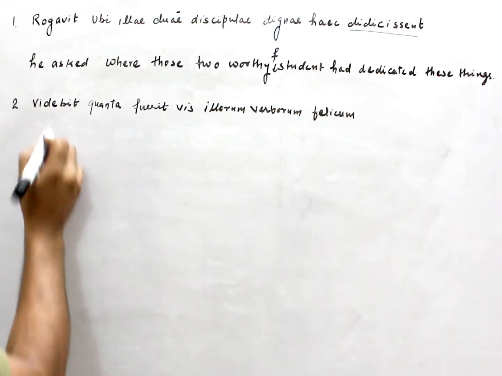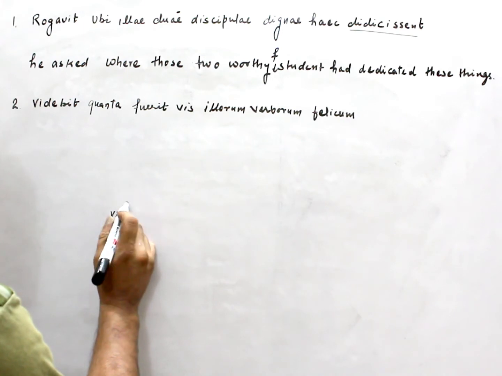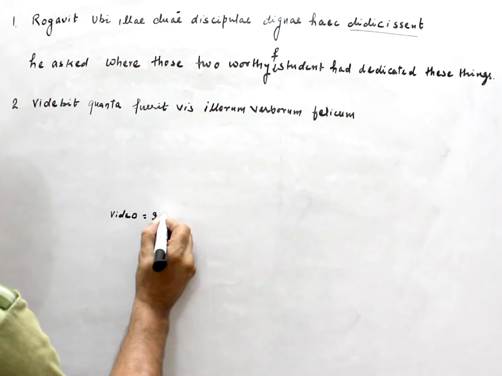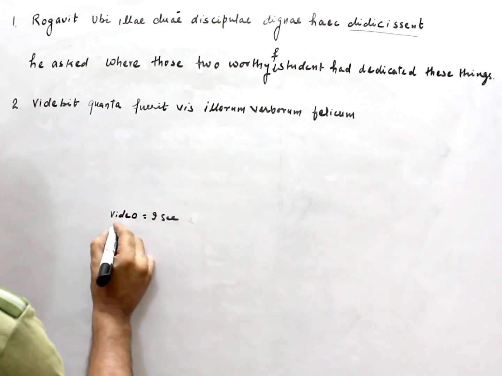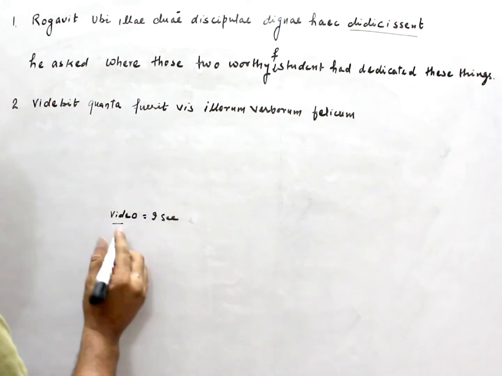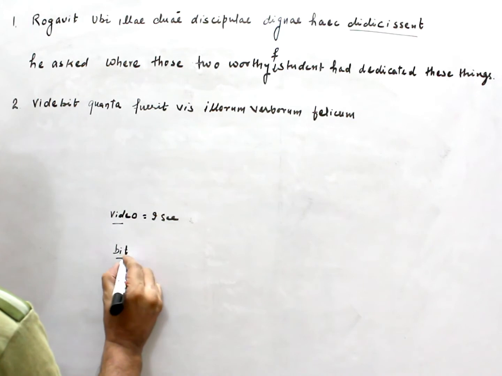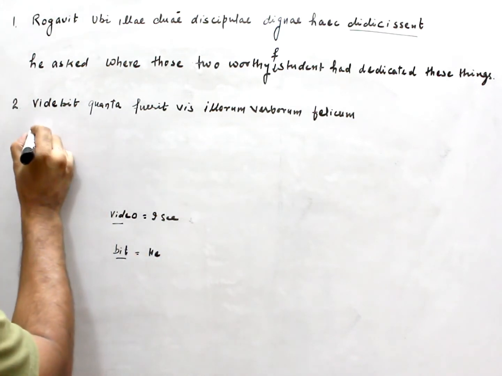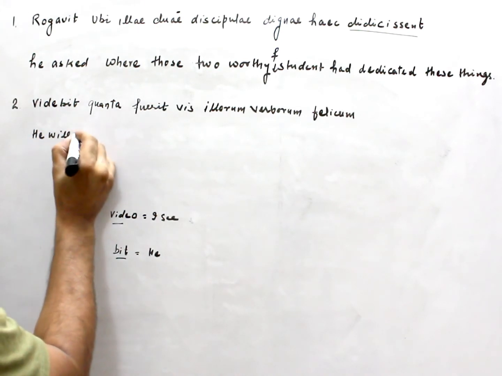So this is video, I see, and it is the second verb. So bit is will. So second verb, if bit is added, that means he will. So this means he will see.